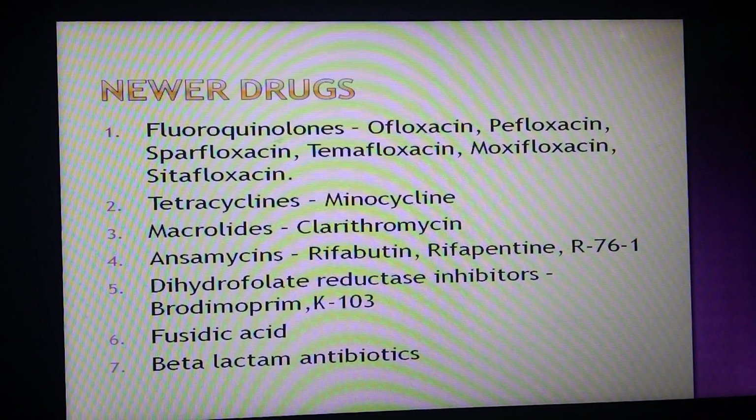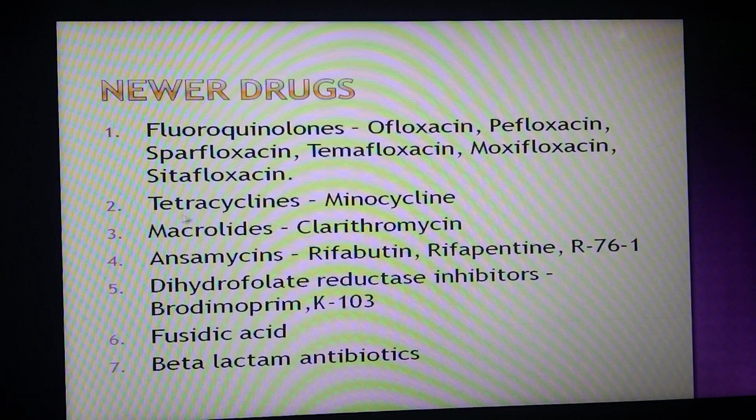Newer drugs. What are the newer drugs used by leprosy patients? Fluoroquinolones: ofloxacin, pefloxacin, sparfloxacin, temafloxacin, and moxifloxacin. Later, at last we have sitafloxacin.